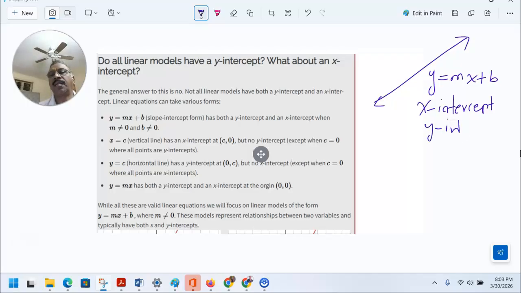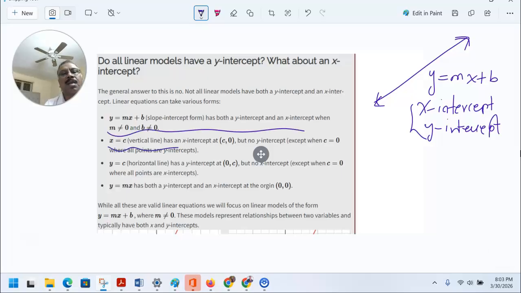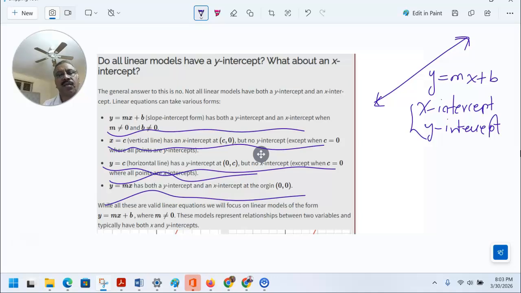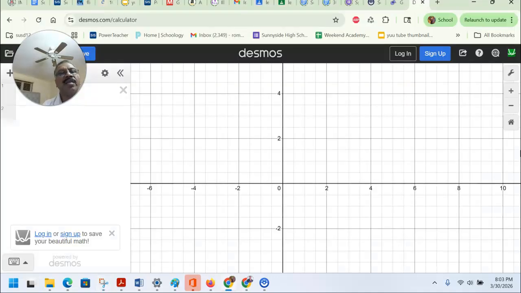Is it really necessary that there always has to be an x-intercept and a y-intercept? I'm going to show this with an example, going directly to the Desmos activity.